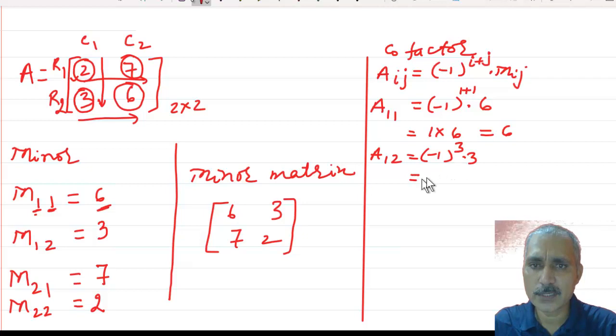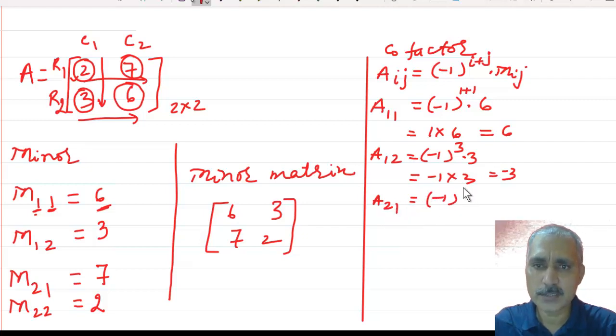Now this will become minus 1 into 3, that is minus 3. Next comes A21, that is minus 1 raised to 2 plus 1 is 3, into the corresponding M21, that is 7. The power is odd, so it will be minus 1 into 7, which makes it minus 7.